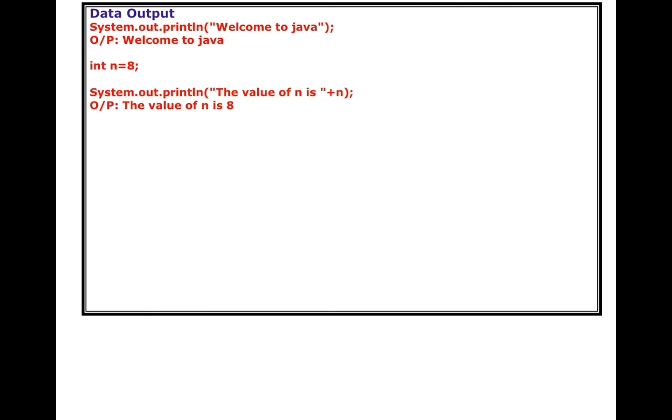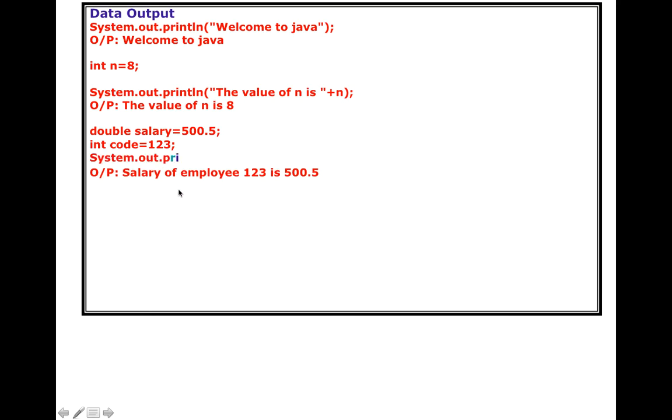Okay. Now let's take one more example, the third example. Let's say there is an employee whose salary is 500.5 and this employee has code 123. Now let's say I want to display this output: salary of employee 123 is 500.5. So for that I will write this print statement.